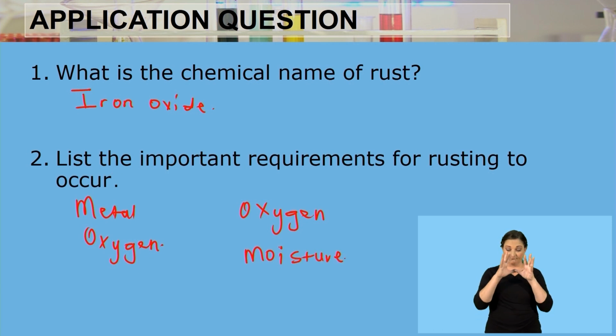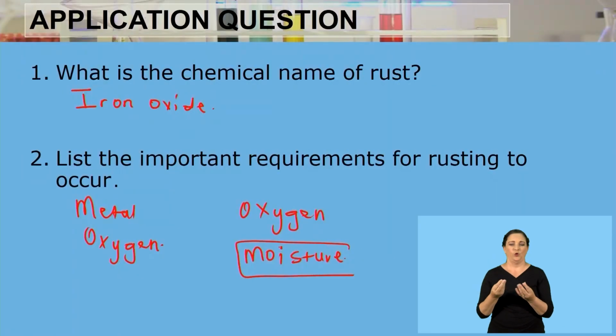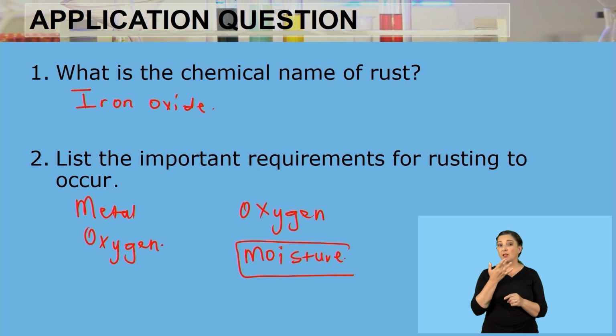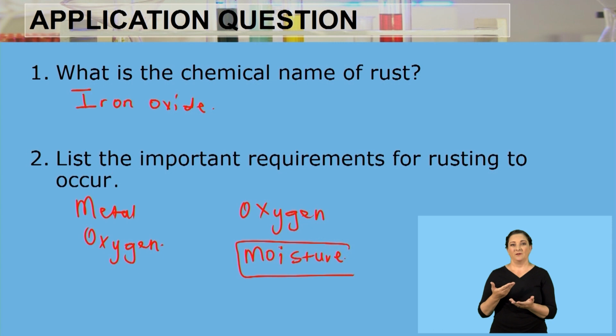So this is what we need for rust to occur. We need our metal, and that metal needs to react with the oxygen. Sometimes there needs to be moisture, sometimes it doesn't have to be moisture. When the metal and the oxygen react, they form the metal oxide, and that is what we know as rust.